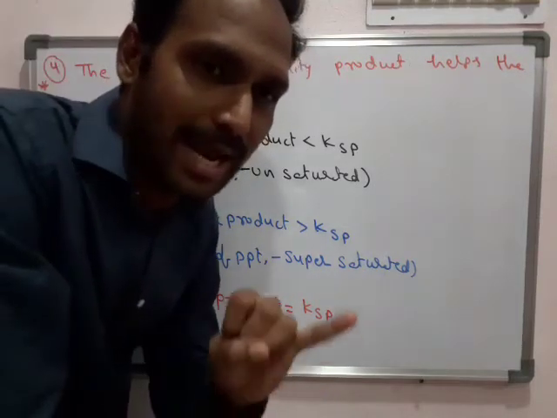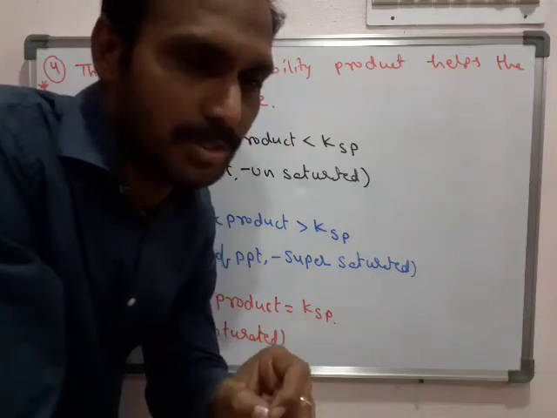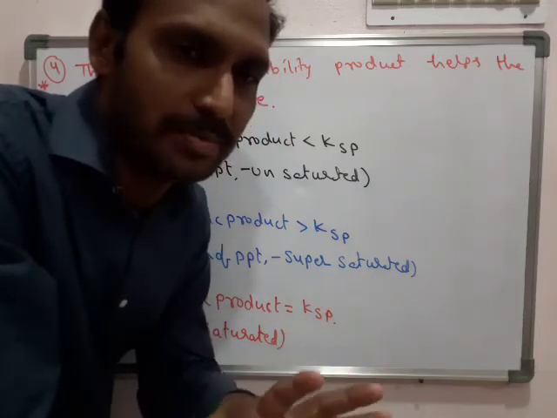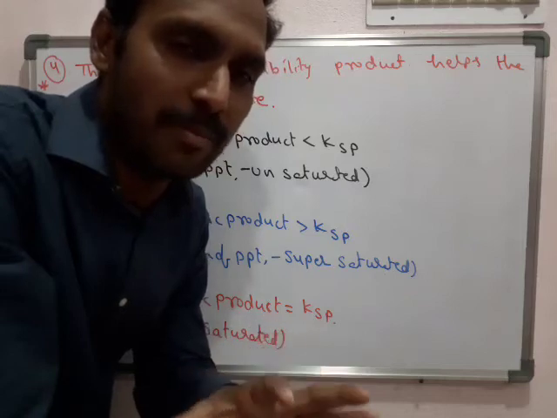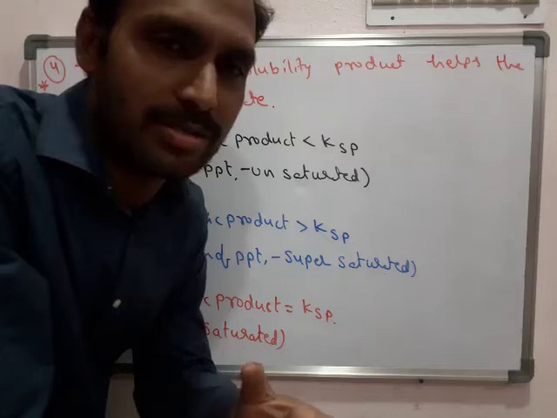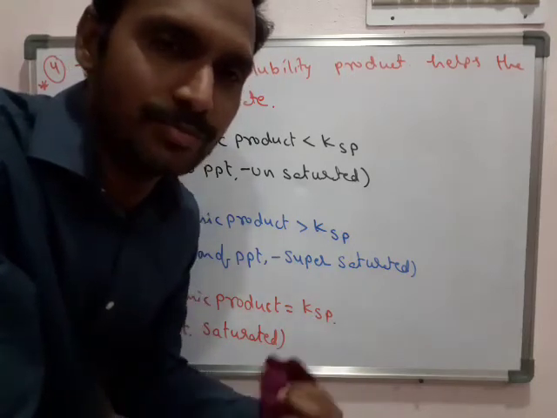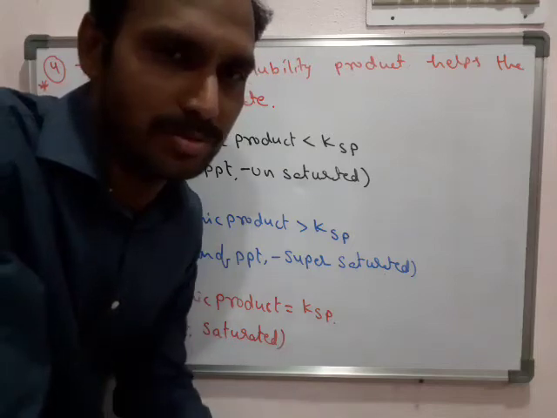Means by knowing the ionic product value and the solubility product value comparison, we are able to know if there is any formation of precipitate or not, and whether it is a saturated, unsaturated or supersaturated solution. So again we take that example with numerical values.